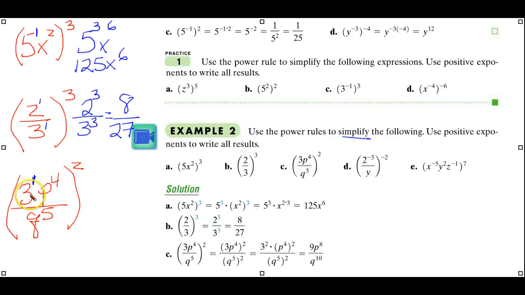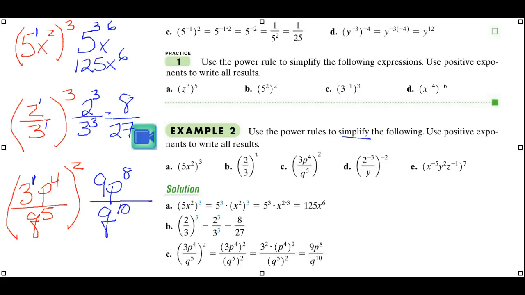So this is 3 to the 2nd, which we can now just write as a 9. P to the 8th, 4 times 2. Q, 5 times 2, the 10th.